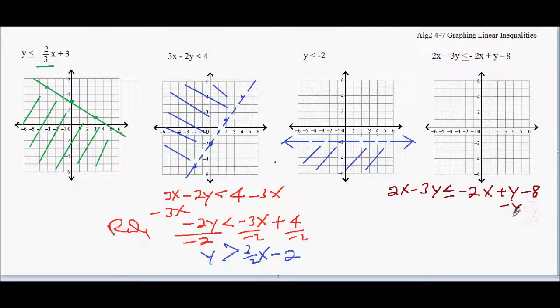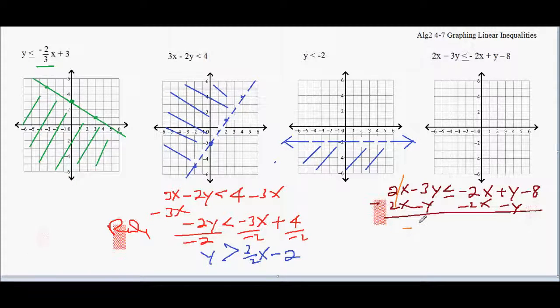So minus y, minus y. Put the x's, whoops, this is going to be a minus 2x, minus 2x. So I get this cancels. Let's use orange. This cancels.